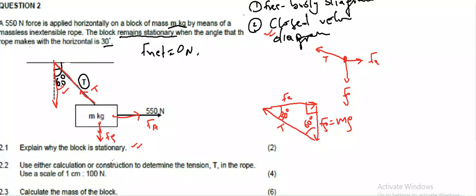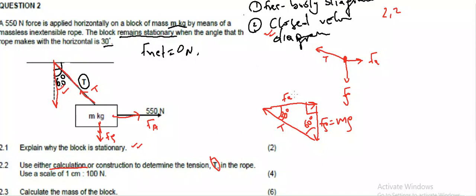The second question says use either calculations or construction to determine the tension. We are going to use calculations to get the tension in the rope, not the construction. So we are about to answer question 2.2.